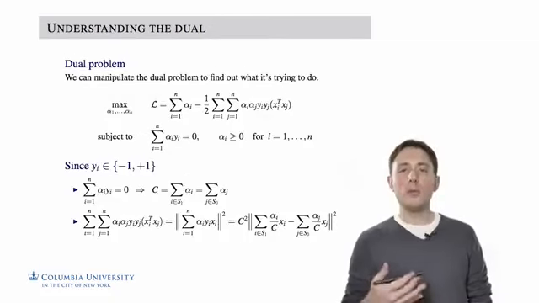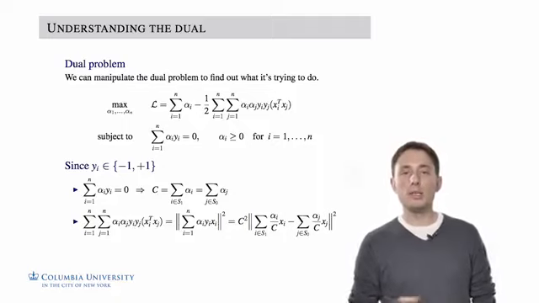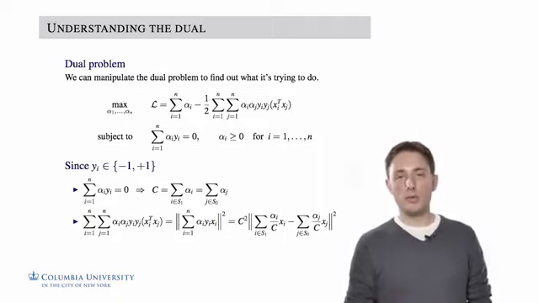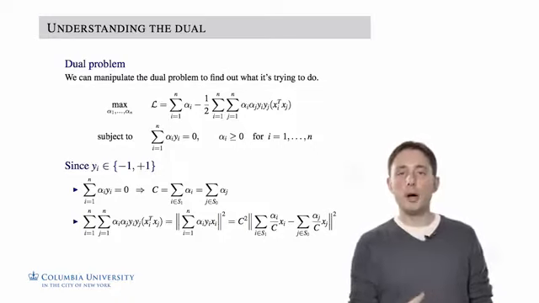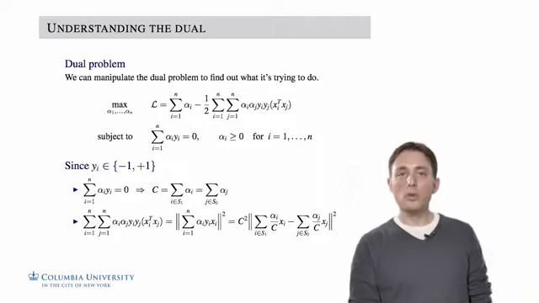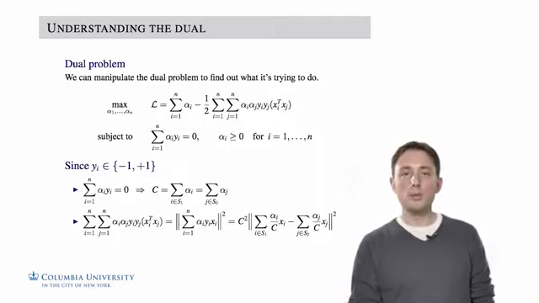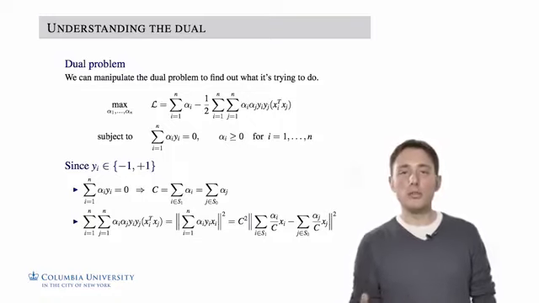So let's look in more detail at how to understand what exactly it is that the dual problem is trying to do. So we've defined the original primal problem. We then switched over to the dual through the Lagrangian representation and said for some reason that working with this dual, maximizing this dual, is preferable.